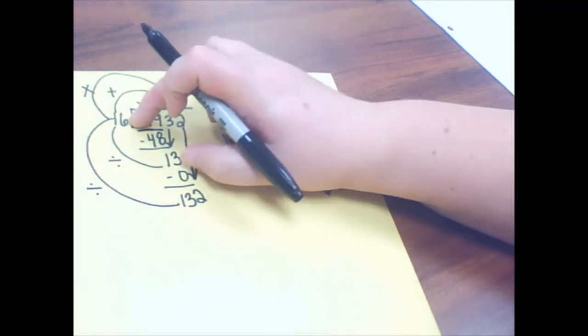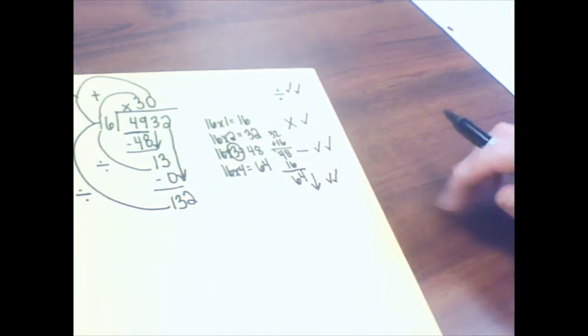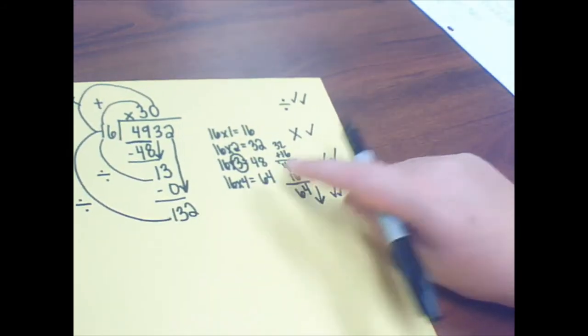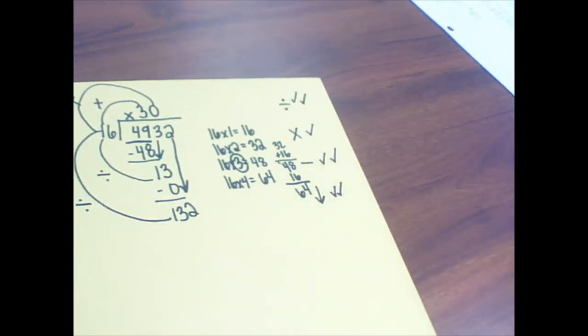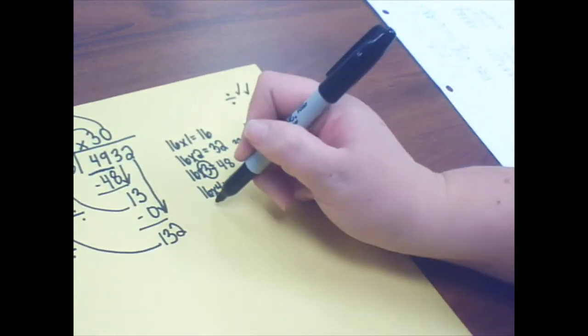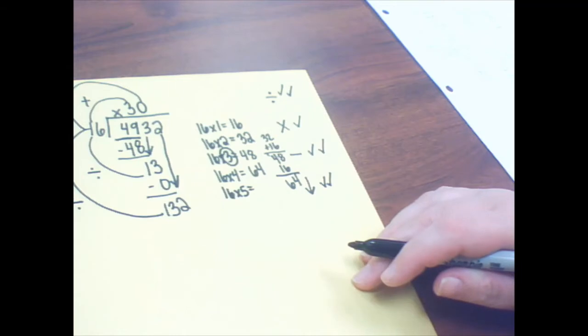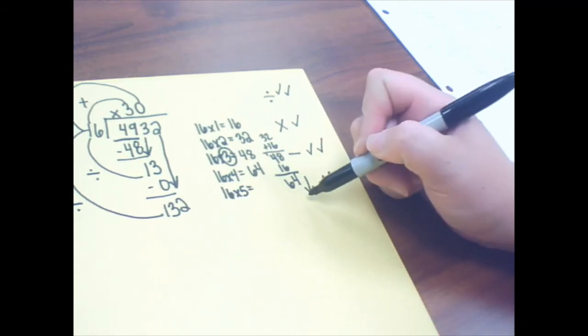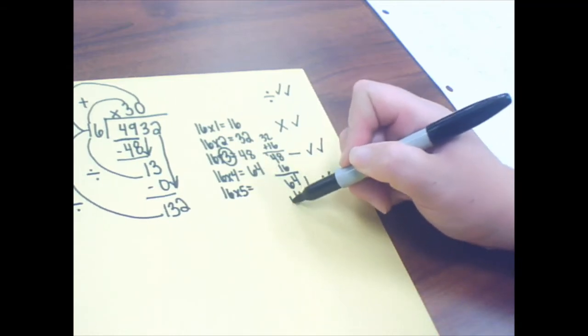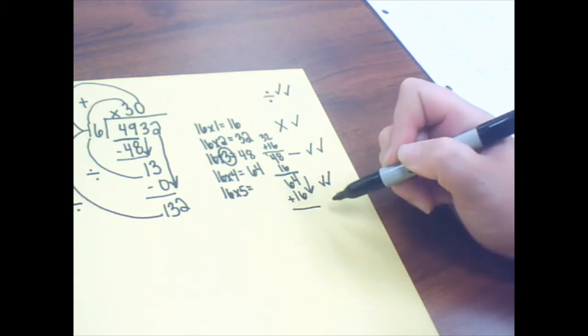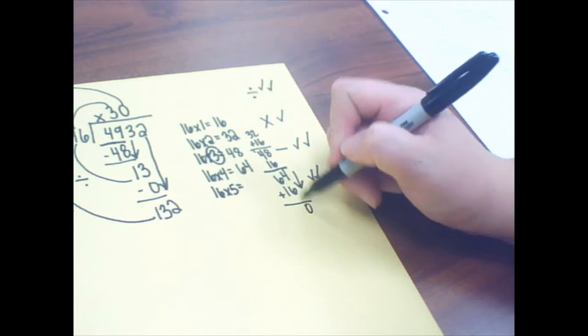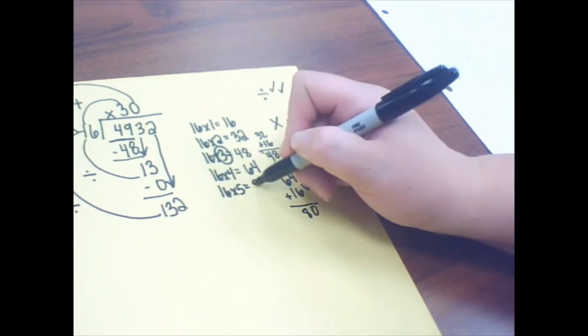I'm putting 16 into 132. The furthest I've got is 64, so I need to keep going. So now I'm going to do 16 times 5. And if I don't know what that is, I take 64 and I add 16 to it, which gets me 80.